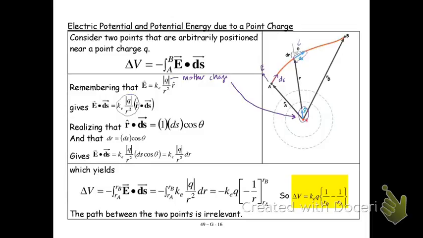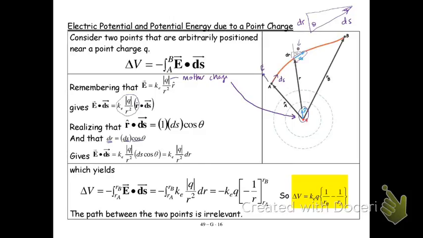Now, if I look at this little triangle, I'm going to draw the triangle bigger. This is ds, and this is dr, and there's my angle theta. I know that dr over ds is the cosine of theta, so dr equals ds cosine theta. My little bit of change in radial length is equal to my little bit of change of path length times the cosine of the angle between them.